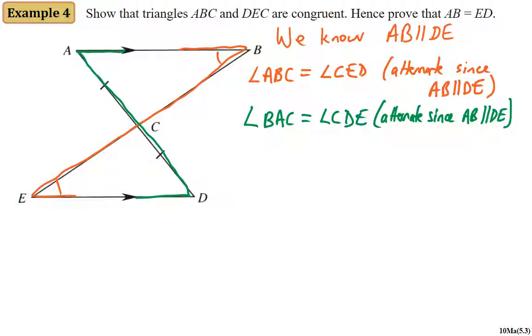Now the last one is going to be those two angles are equal. So angle A, oh actually I need to be careful here, falling for the trick. If I did this, angle ACB equals angle DCB.